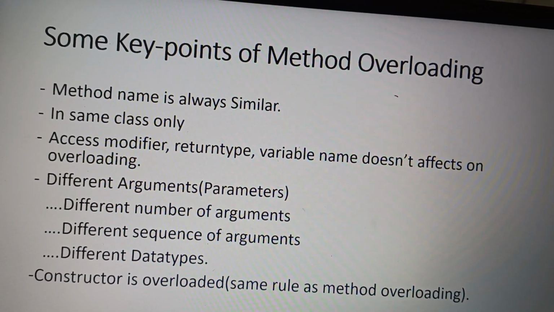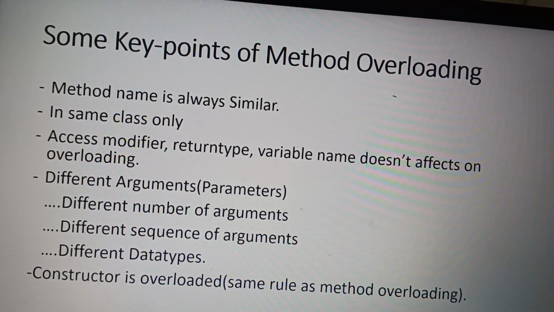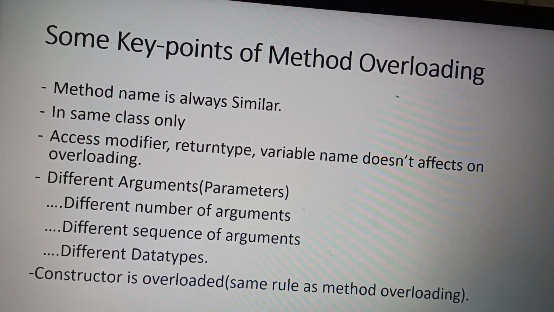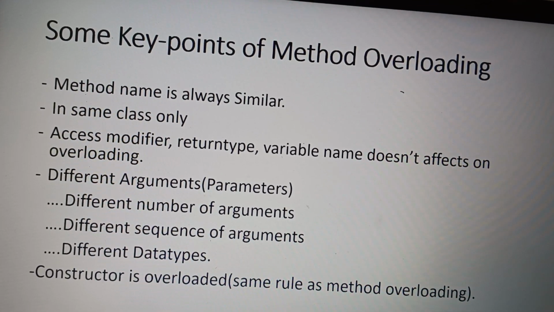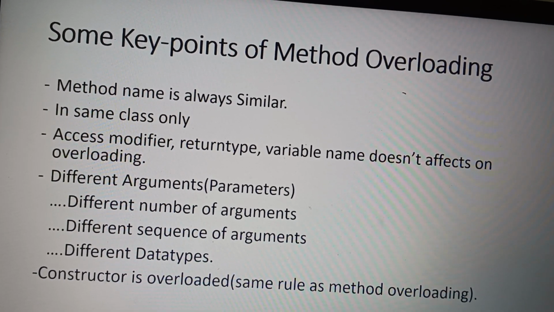Then second is we can declare different sequence of arguments. That is, suppose in one method we declared int a, string b, then second method can be considered as string a, int b, like that.